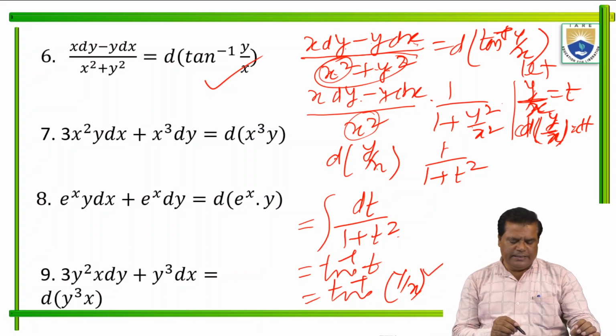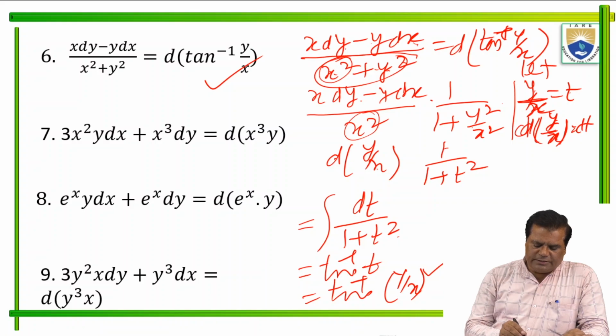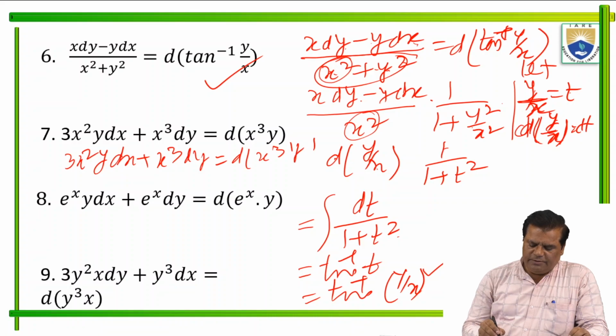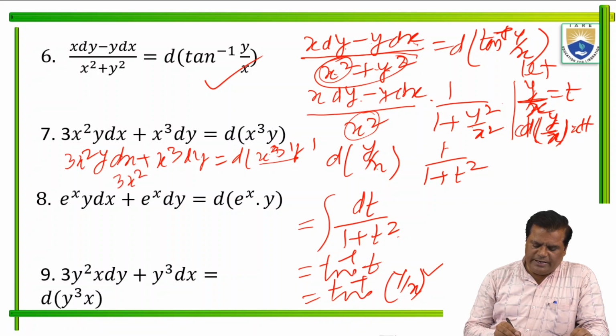Similarly, next is 3x square y dx plus x cube dy. This is the formula of d of x cube y. Here we can use the product formula. The differential of x cube is 3x square dx with y constant, plus x cube constant times dy.